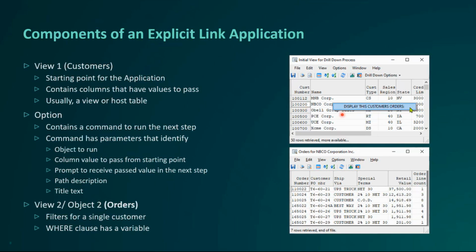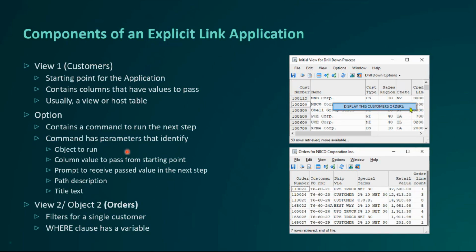So it's a good thing to think ahead of time what your starting view is, and then what level of detail you want to go into as you create these drill downs. In this case, we have a starting view that shows some columns, one being the customer number. The next component would be an option, and the option file contains a command to run this next view, the next step.